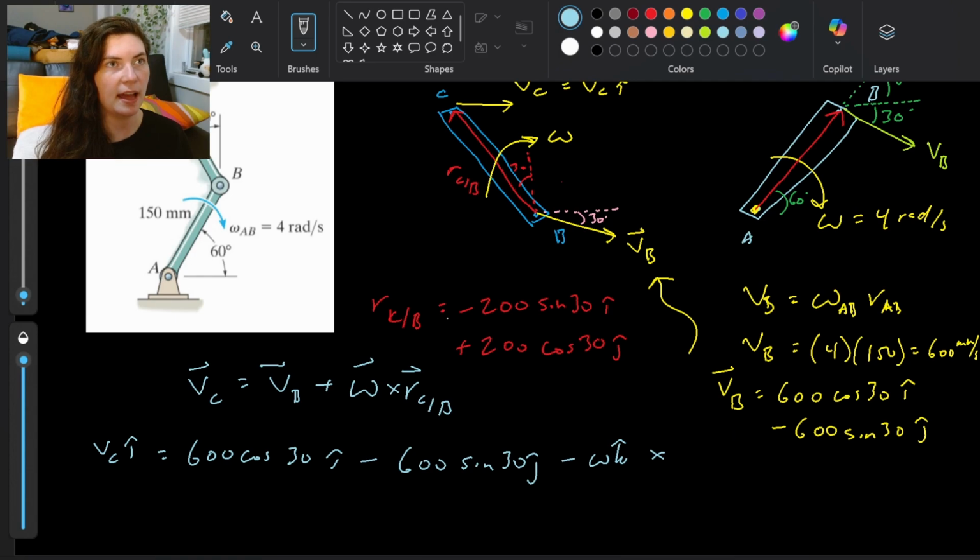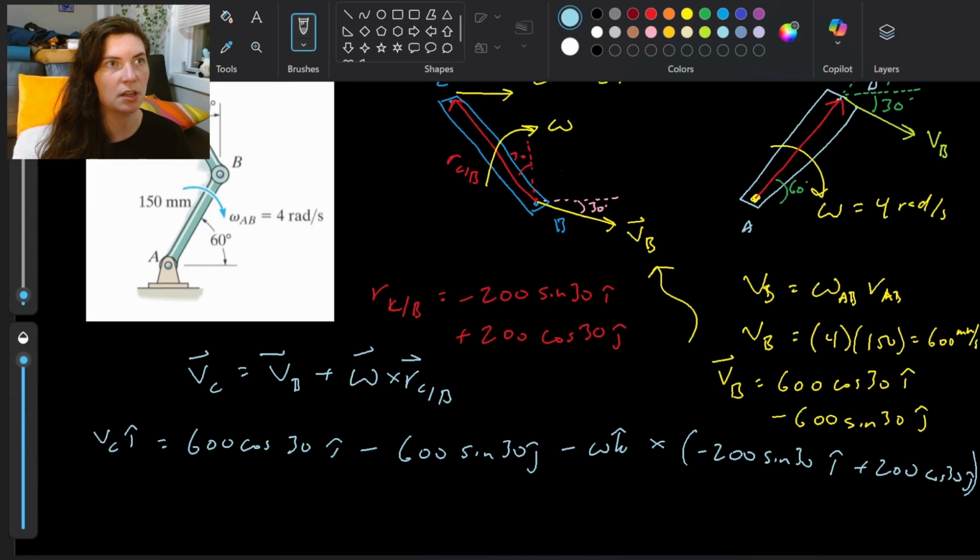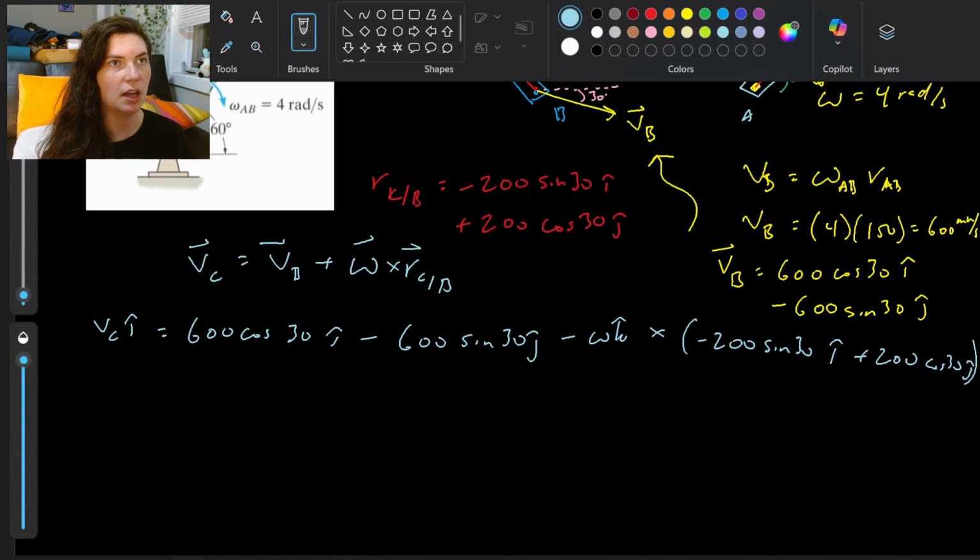We're going to cross product that with our RCB. So R of C with respect to B is negative 200 sine 30 i hat plus 200 cosine 30 j hat. And I'm going to evaluate this cross product.